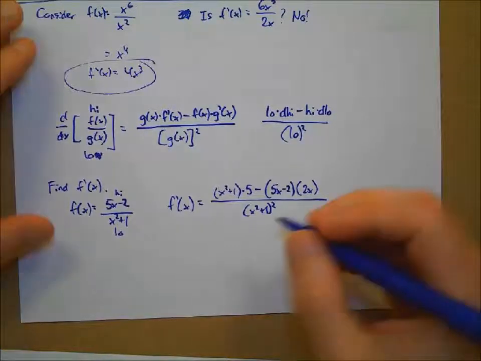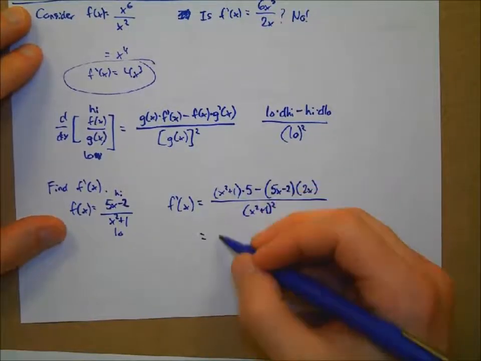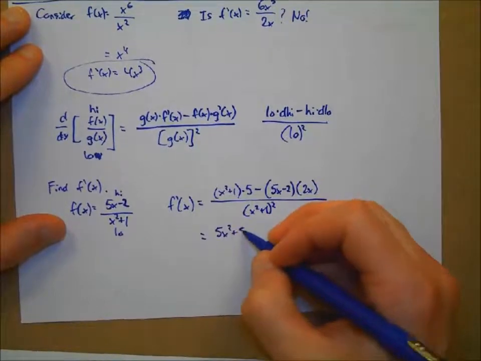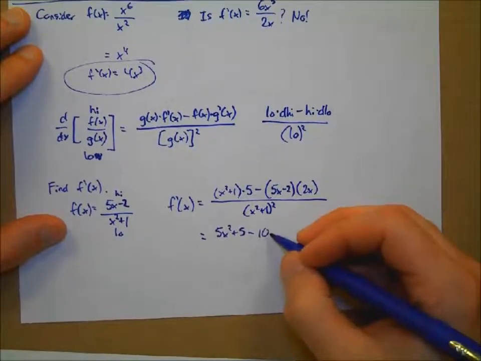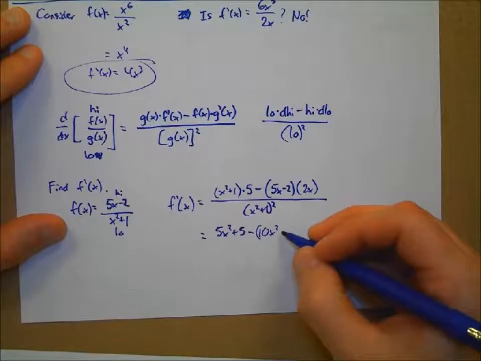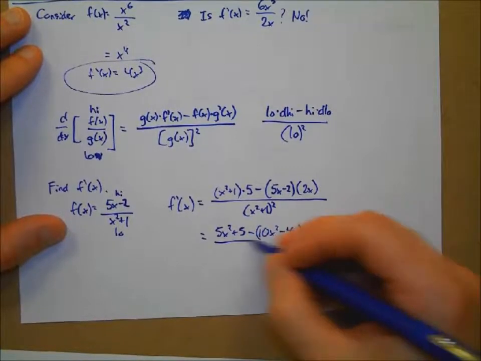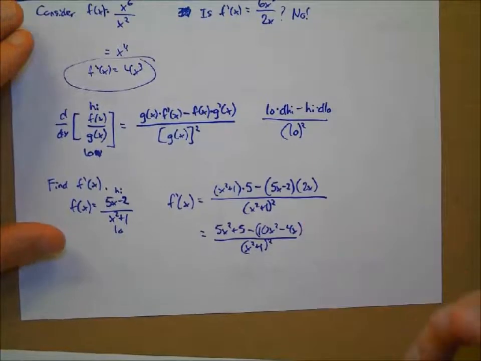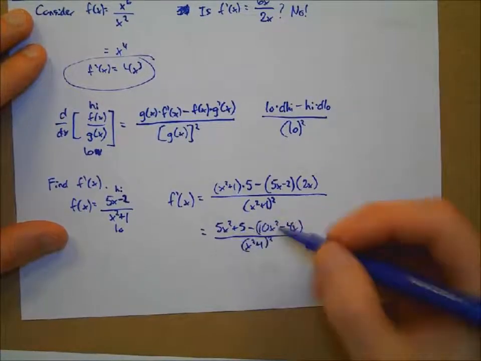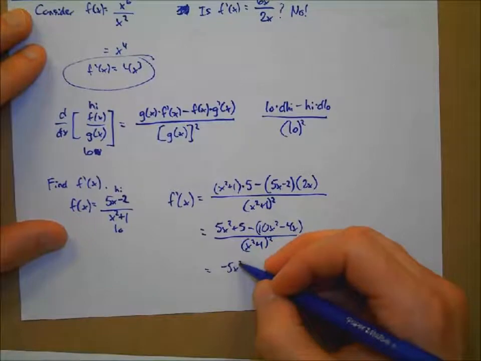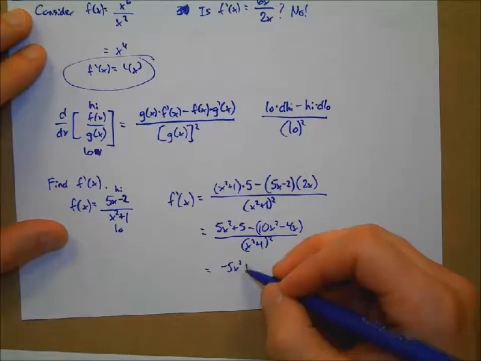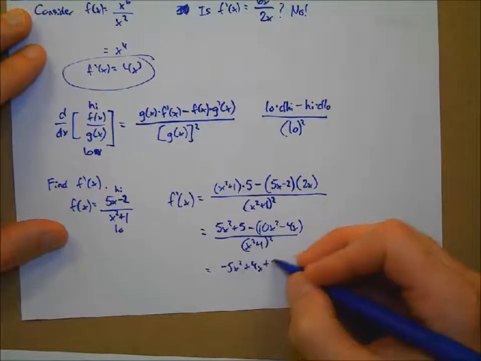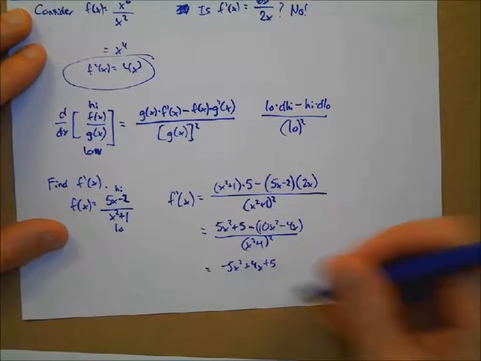So I'm going to go ahead and simplify here. We'll distribute the 5x squared plus 5 minus 10x squared, and I should leave that in parentheses, minus 4x. I'm going to leave the x squared plus 1 unmultiplied out. So 5x squared minus 10x squared gives me negative 5x squared, and then plus 4x, and then plus 5. Because again, it's minus a negative 4x, it becomes plus 4x.